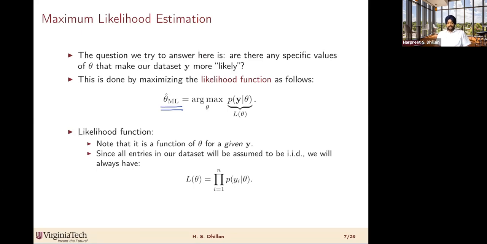Also note that when we work with this likelihood function, the IID assumption that we made before will be very helpful. Because this is the probability over the whole data set, but we know that each example in our data set is sampled IID from the underlying distribution. Which means that you can write this joint distribution as a product of the individual terms, which will be very useful for writing our estimator.